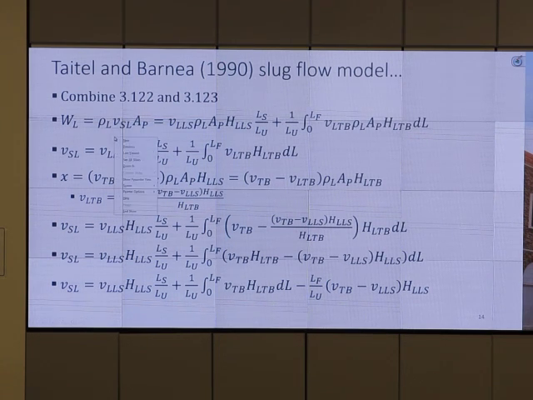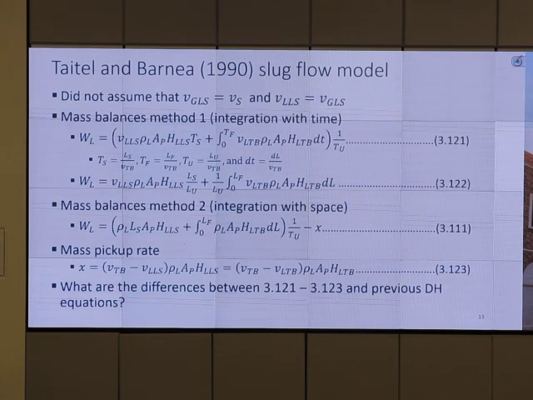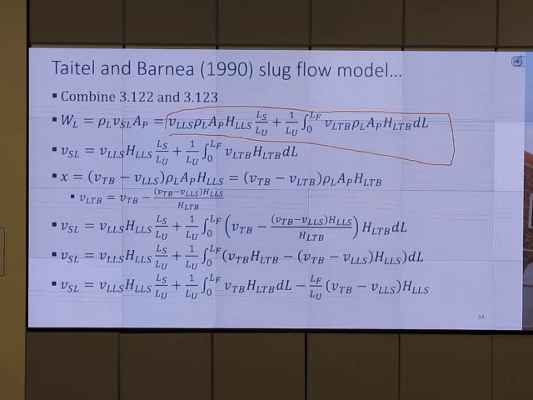Okay, this equation that you see over here is the same as what we have previously, correct? So this Ls over Lu comes from Ls over Tu, right? Ls over Tu is you add velocity term. Oh, this is a different one.